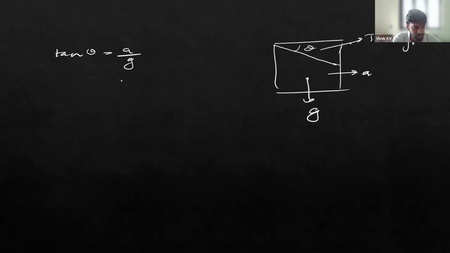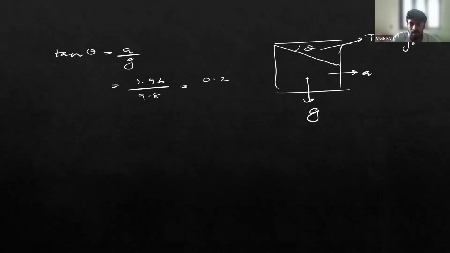So how do we calculate the volume of the spilled water? On calculating tan theta, we know that the acceleration is 1.96 and g is 9.8, so this will be equal to 0.2. That is what we get for tan theta.